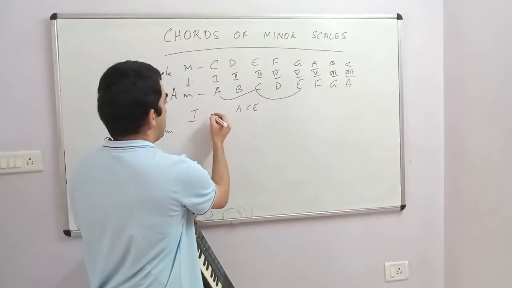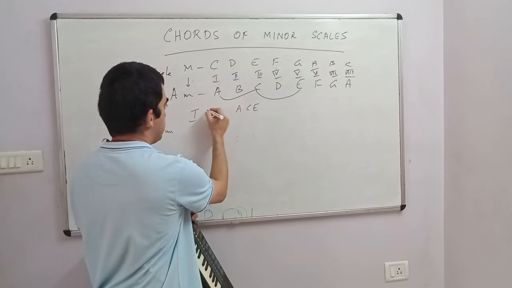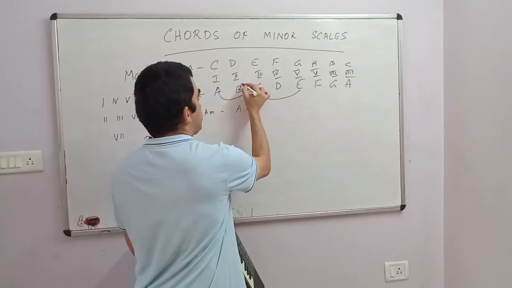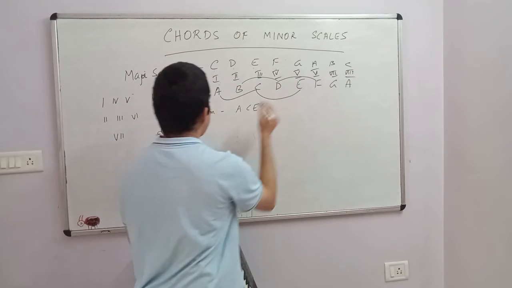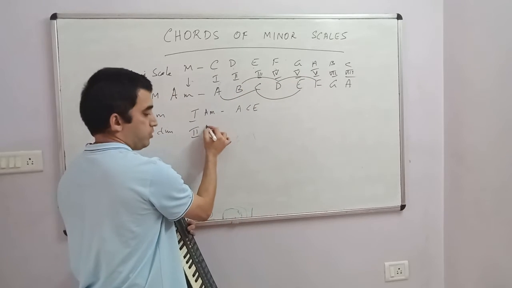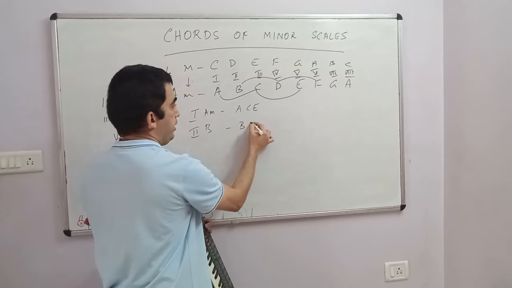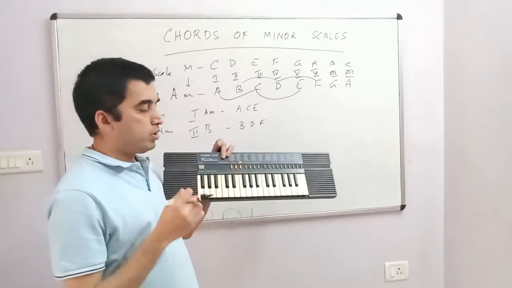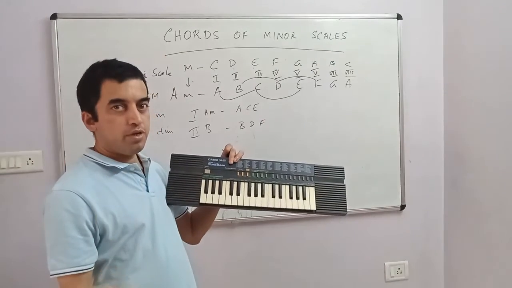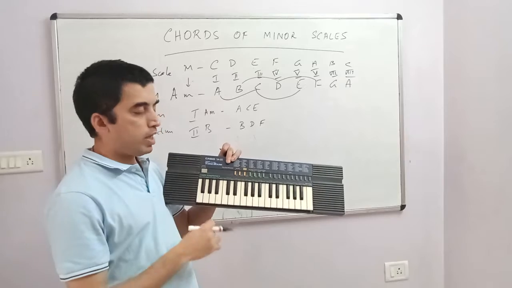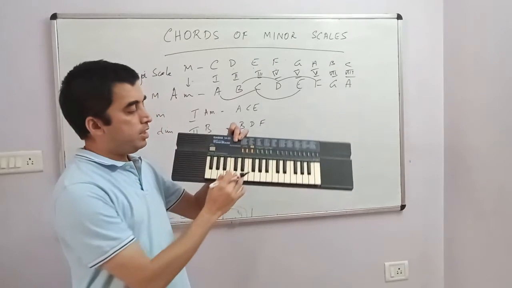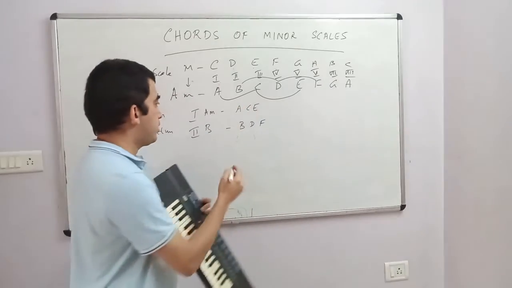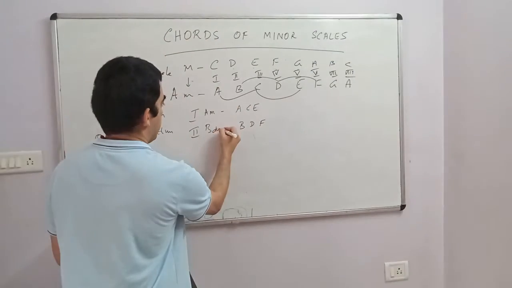So the first chord is always minor. Then we go to the second chord, B, D, F. Like I said, I'm going faster now. You have to learn semitone distances thoroughly by now, and know how to calculate and arrive at what chord it is. B, D, F is 3 and 3, so it will become a B diminished chord.